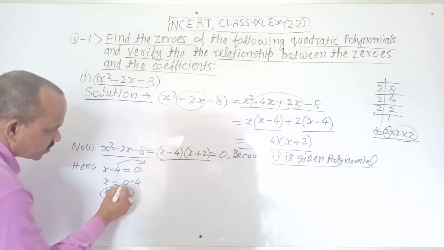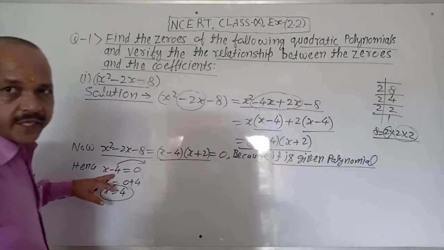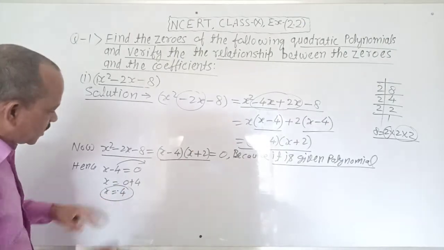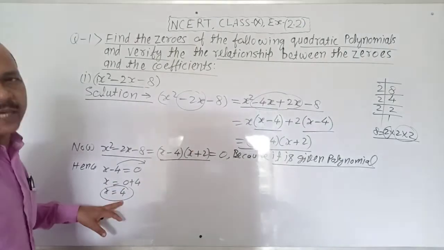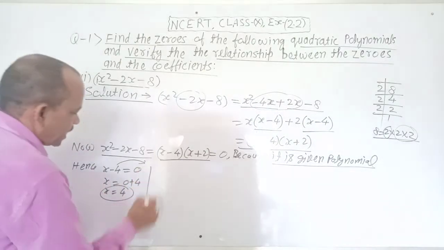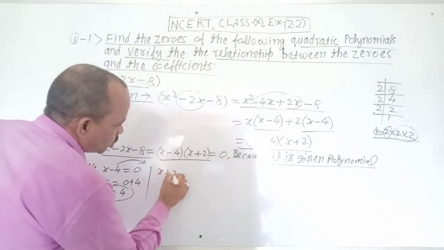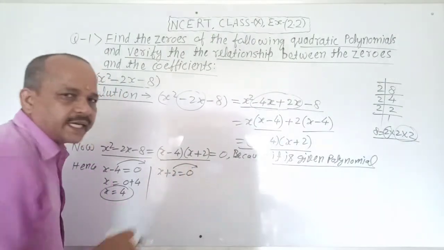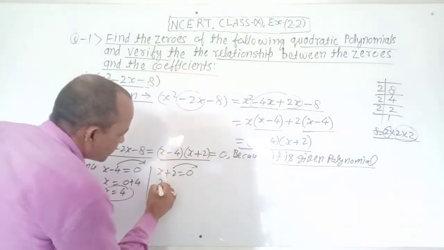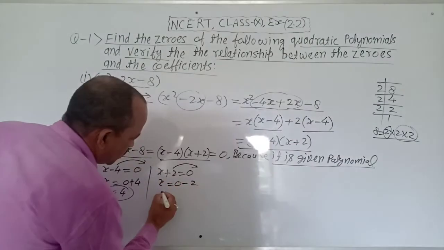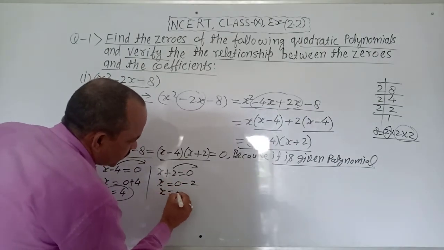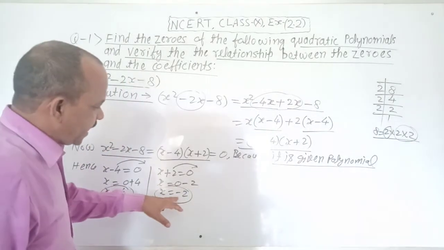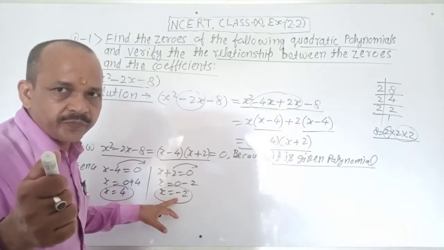Here minus, if you write it on the right side, it becomes plus 4. It means x equals plus 4. Clear? And x plus 2 equal to 0. You can write 2 on the right side of equal. It becomes x equal to 0 minus 2, x equal to minus 2. You find x equal to 4 and x equal to minus 2.